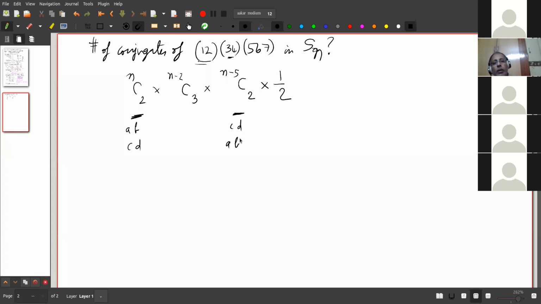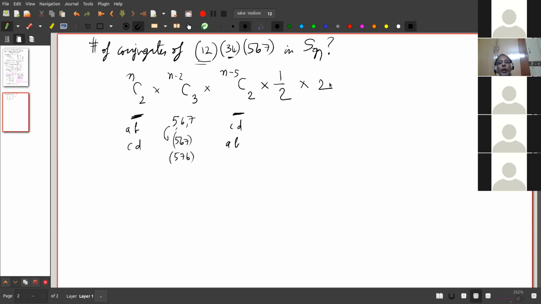Yes. And again multiply by 2, because in the cycle of length 3, for the choice 5, 6, 7, there will be 2 such cycles possible. So this choice of 5, 6, 7 will give rise to either 5, 6, 7 or 5, 7, 6. So you're going to multiply that by 2.